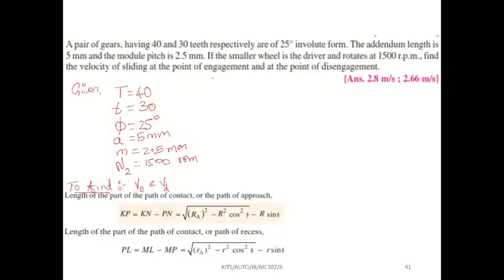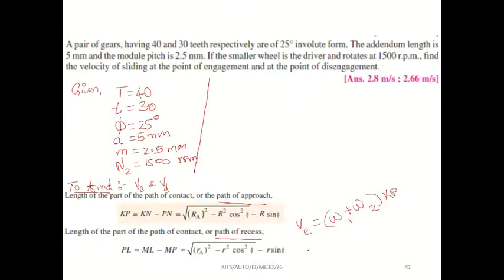So these are the formulas which you are going to use. We have to find out the path of approach and path of recess. For velocity at engagement, the formula is omega 1 plus omega 2 into path of approach.